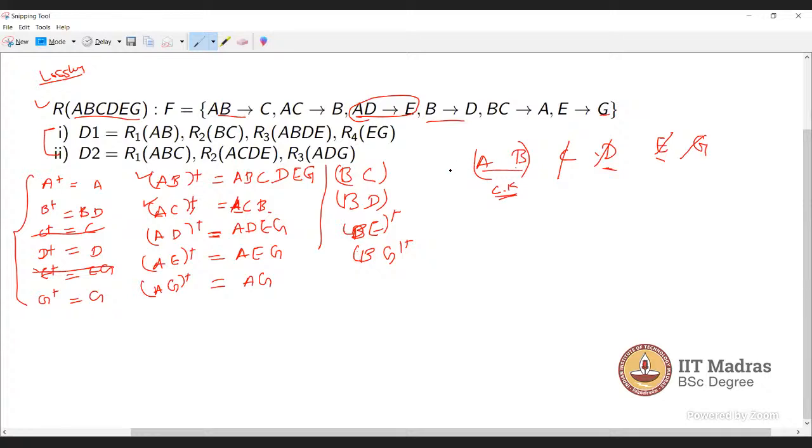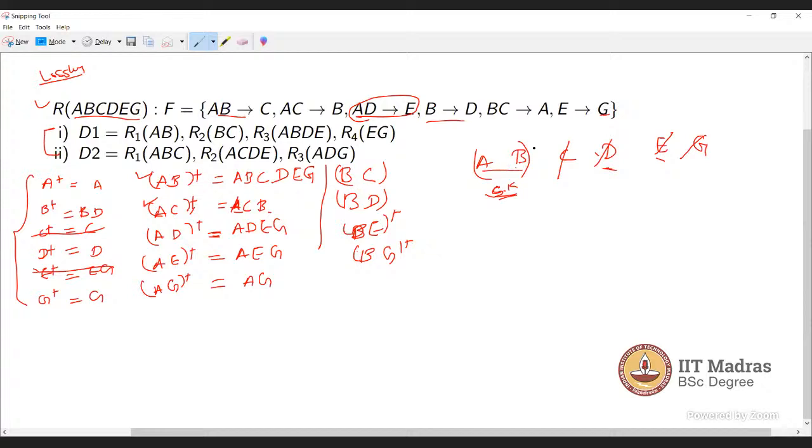For now, AB is a super key only. We have to check whether it satisfies the condition of a candidate key or not. Here there is no proper subset of AB from which we can get the original relation. So AB is a candidate key.